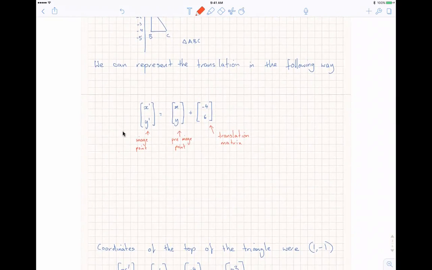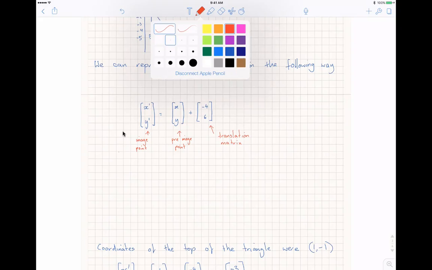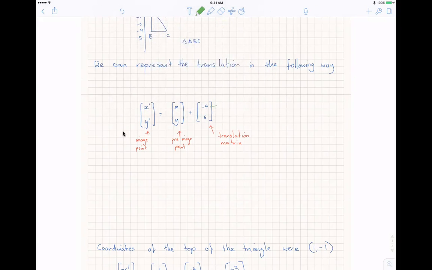Remember that we've got a negative there because we moved left. If we moved right, we'd have +4. And similarly, if we moved down, then instead of a +6 here, we would have had a -6.